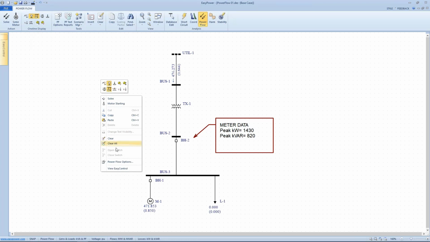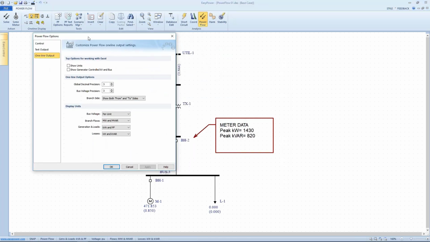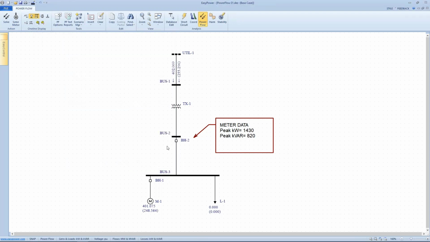And if I go back and look at my PowerFlow options, I can see that my units on the loads and the kVA are both in kVA and power factor. So I want to put this into real and reactive power. And as I do that, I can see that this load is 401 kilowatts and this reactive power is 248 kilovars.